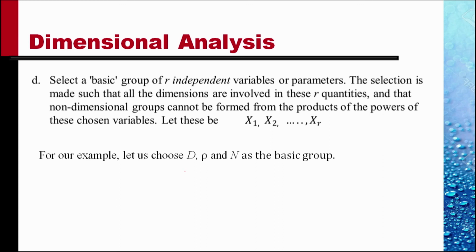The dimension of length is contained in d and rho. The dimension of mass is contained only in rho, and the dimension of time is contained only in n. All 3 dimensions are represented, and we cannot form a non-dimensional group out of these variables.